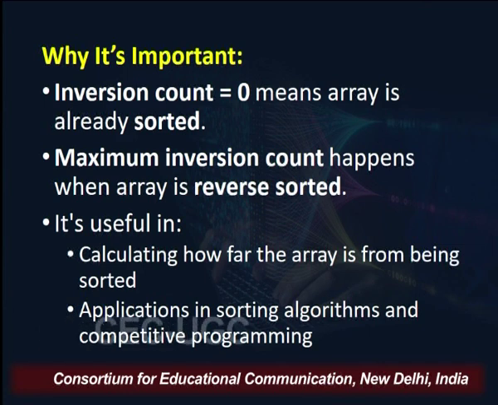One example I gave you at the inception of this lecture was Netflix. They count the inversions between two arrays, because how far one array is from another gives Netflix an idea of the differences in the likings of two different users, and the array here holds those likings.